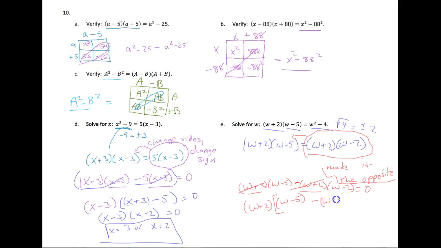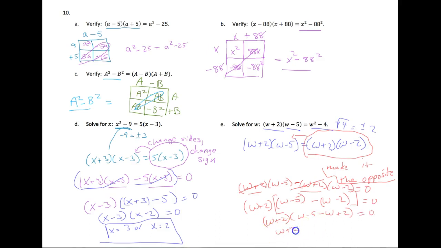Minus w minus 2. Well, this one's interesting. This is going to be a little different. When we combine the like terms here, this is going to turn into w plus 2. And then we've got w minus 5 minus w plus 2 equals 0.